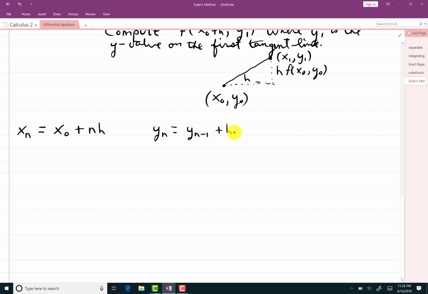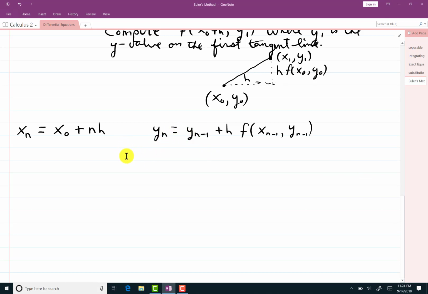The h will stay constant because we'll increment a constant amount throughout the whole problem. And the slope, the f function, will be taken from x n minus 1, y n minus 1. So there is the process. Much like Newton's method, this is going to try to give us an approximate solution to the curve.